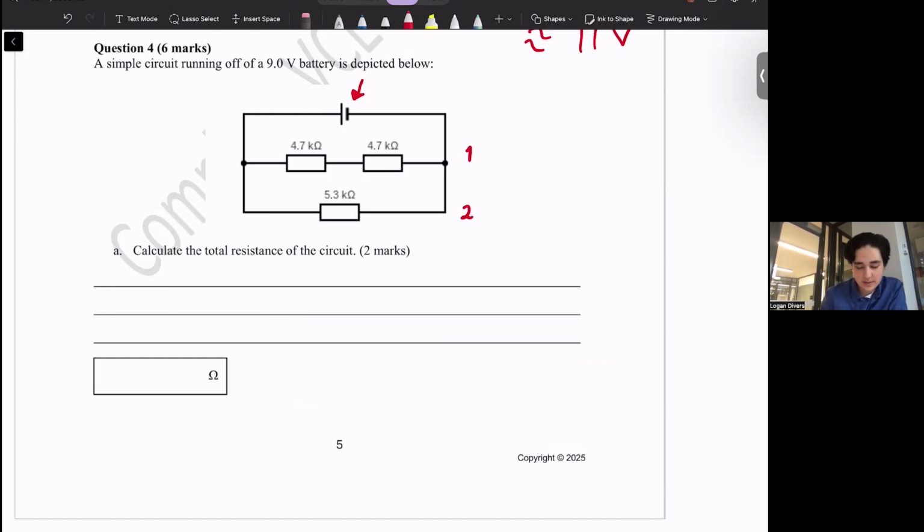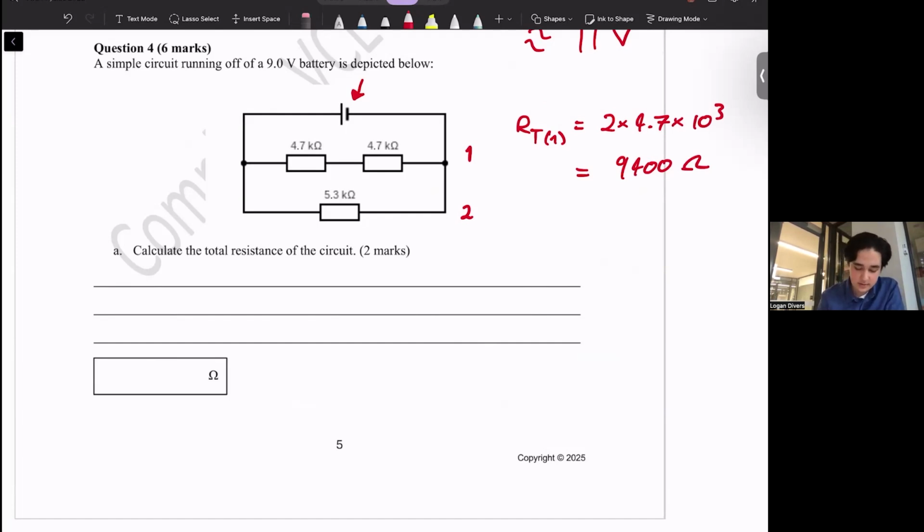Branch 1, the resistance, so RT1, is simply just going to be 2 times 4.7 times 10 to the power 3. It's kiloohms. This will leave us with 9,400 ohms.